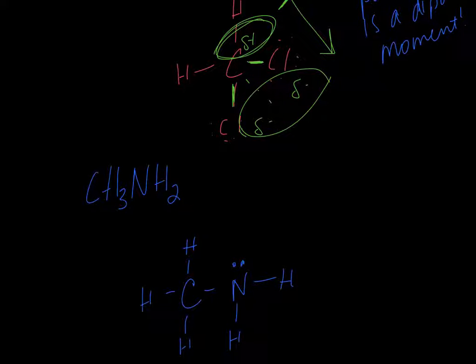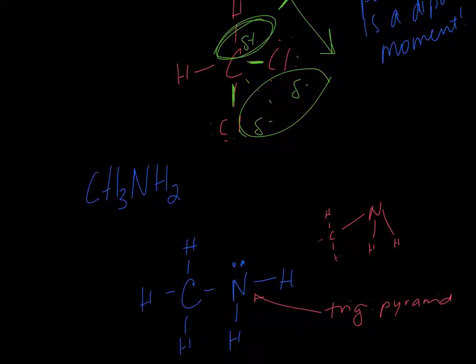And so if you remember from Gen Chem 1, this right here is a trigonal pyramid. And so you've basically got a nitrogen up here, and then you have these 3 things going down into a pyramid, H, H, and then carbon.